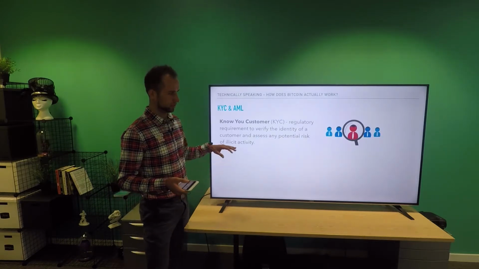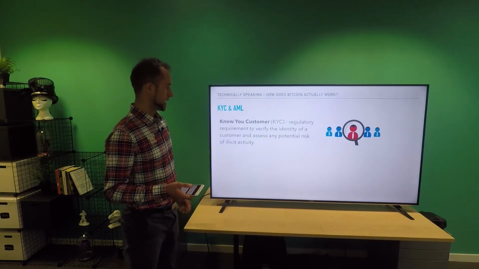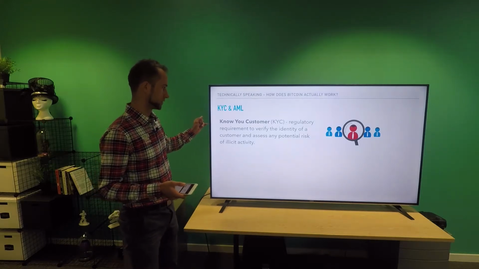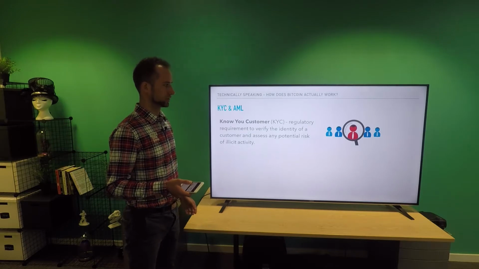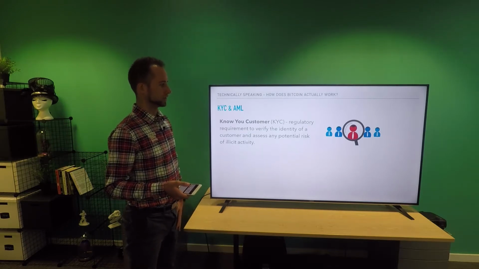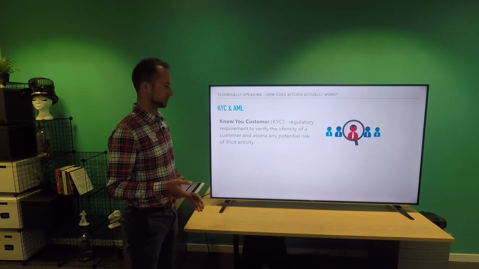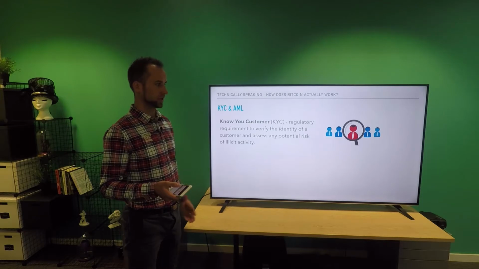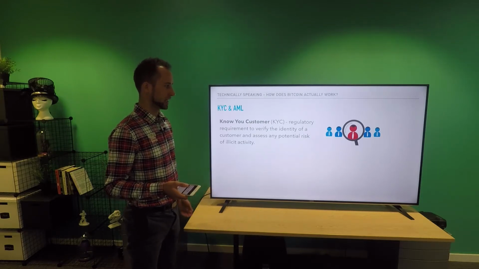Before I talk you through each of those steps in detail, let me explain what KYC and AML stand for. KYC is know your customer. It's a regulatory requirement to screen customers to manage the risk of illicit activity going on.